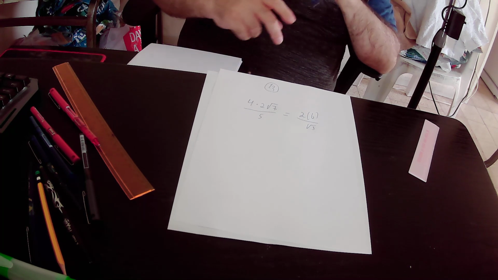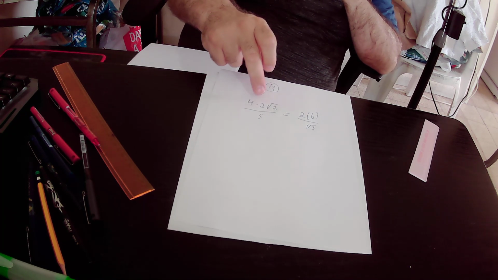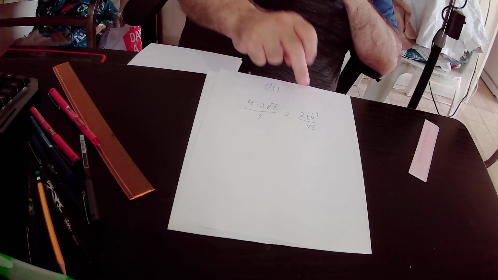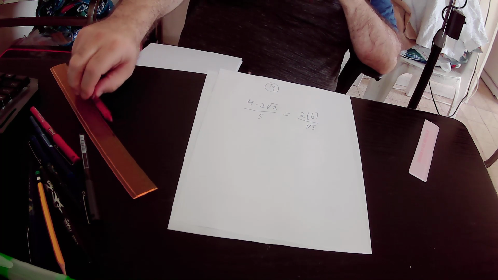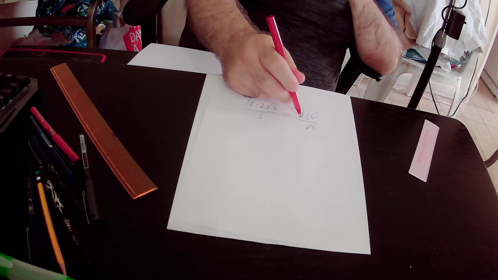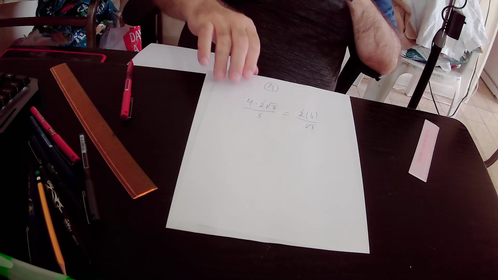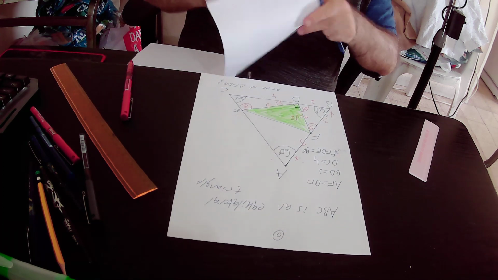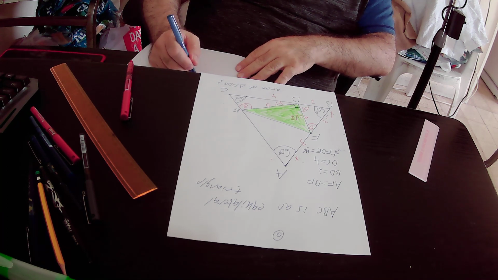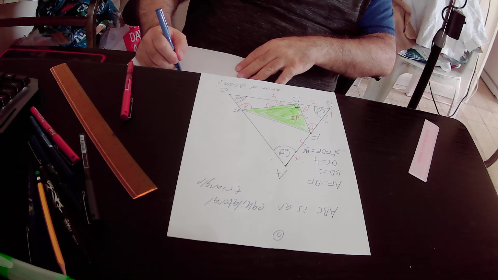Here we have 2 in the numerator on this side of the equation, and we have 2 in the numerator on the other side, so we can cancel 2. What is left after we cancel 2 is 4 times root 7 over 5 equals B over root 3.